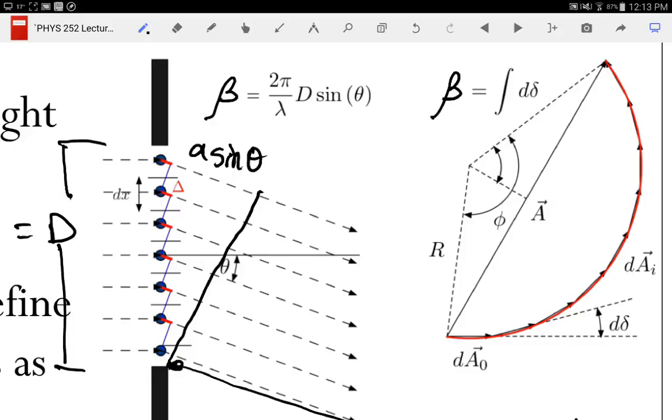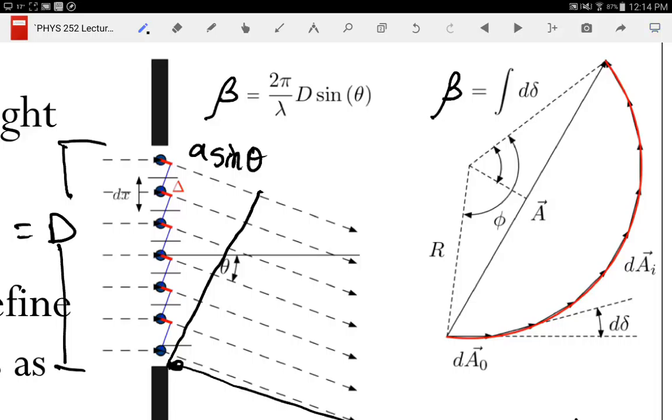Yes? Wait, what's the arc represent? The arc. Okay. You have electric field that's coming through this, right? Yes. And so the total electric field that comes through there is going to be the length of the arc. But when you get to the screen, because you have different phases, it would all be flattened out.